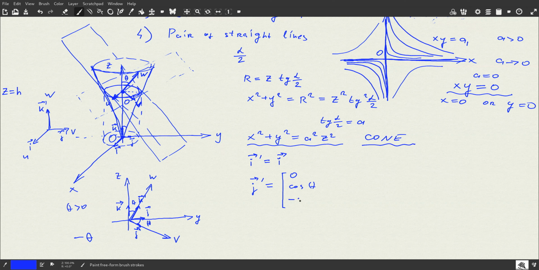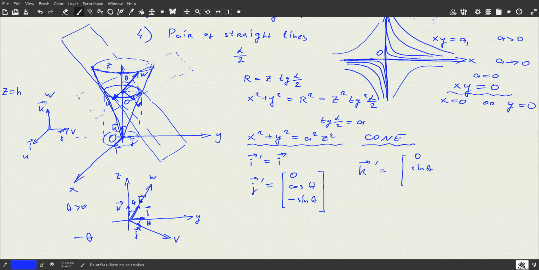So it is minus sine theta. Okay, and in a similar way, k prime is very easy to see. It is 0, sine theta.